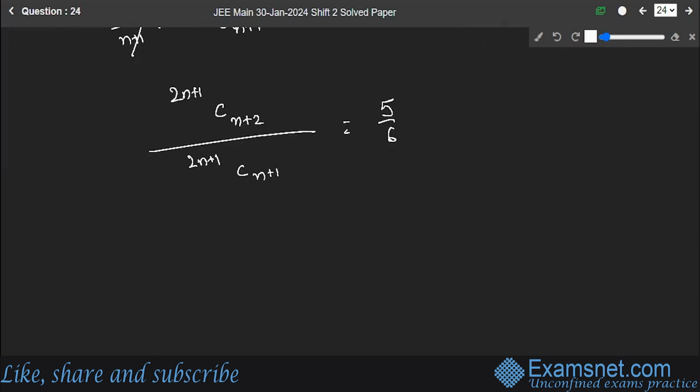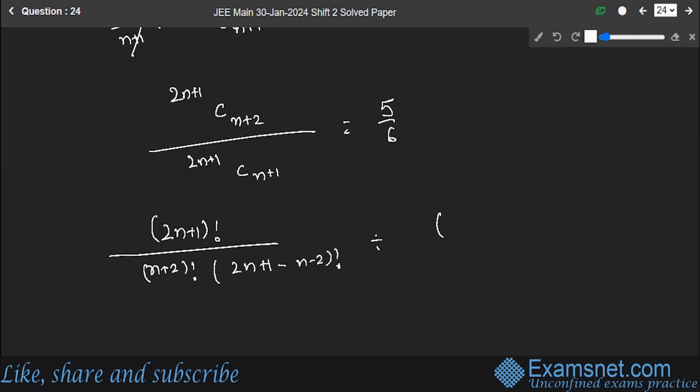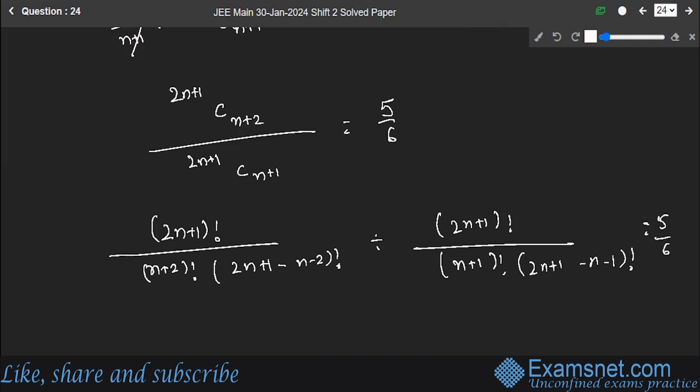So now this can be easily simplified, because this will be (2n plus 1) factorial divided by (n plus 2) factorial and (2n plus 1 minus n minus 2) factorial, whole thing divided by (2n plus 1) factorial divided by (n plus 1) factorial and (2n plus 1 minus n minus 1) factorial, is equal to 5 by 6.